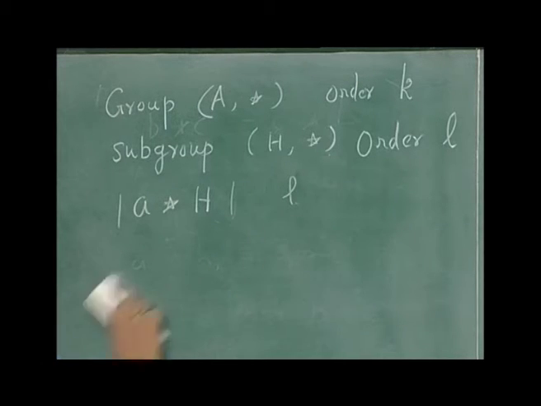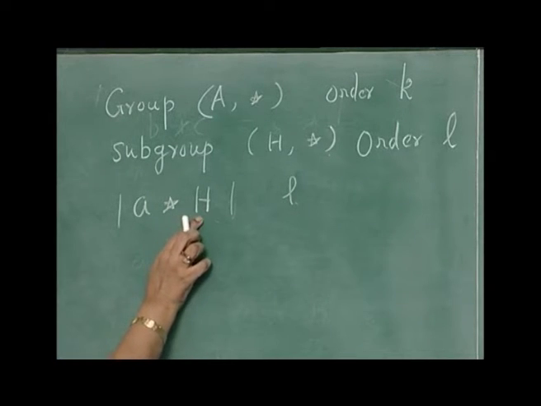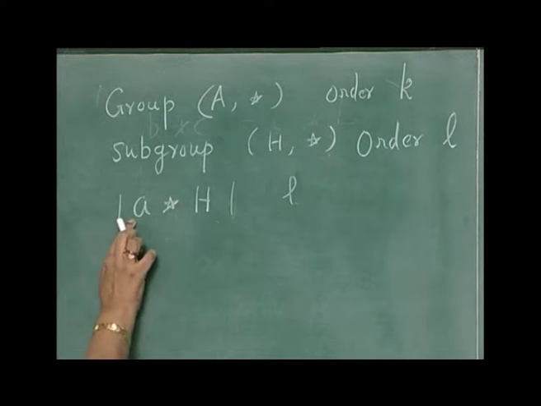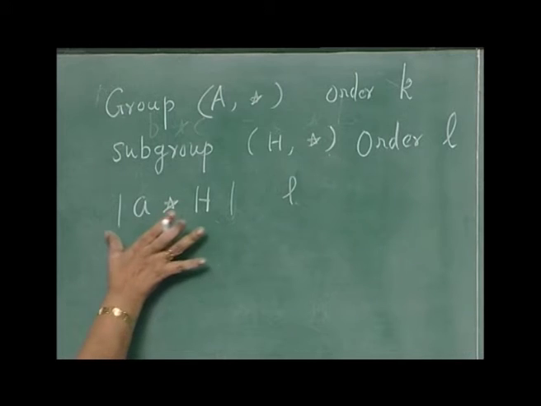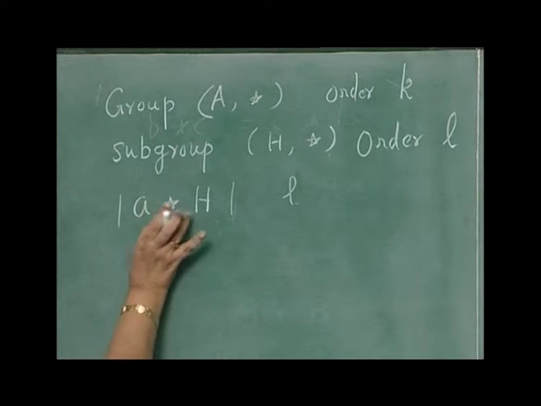So, different elements in H, when you pre-multiply by A, will give you different elements. So, the size of any left coset of H will be just L, the same as the size of the subgroup.